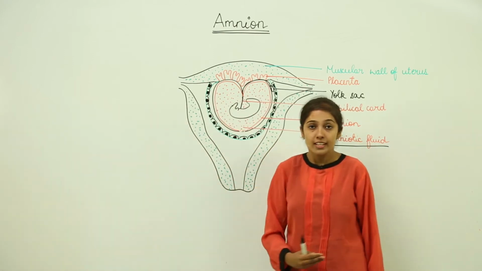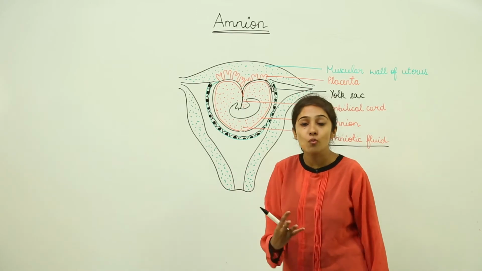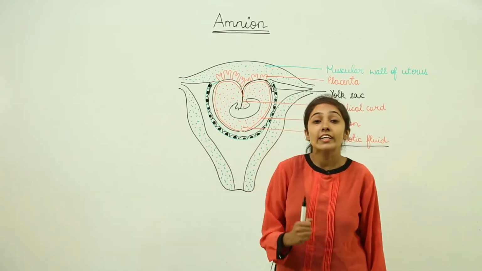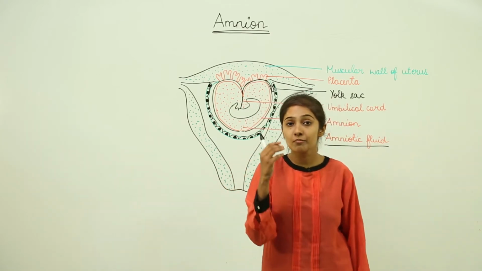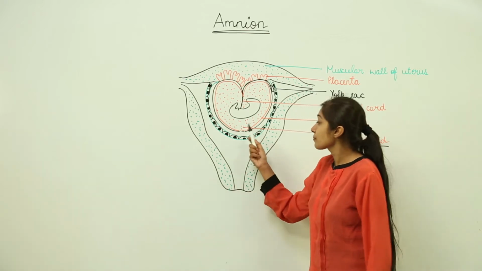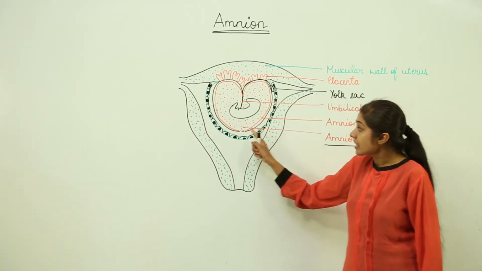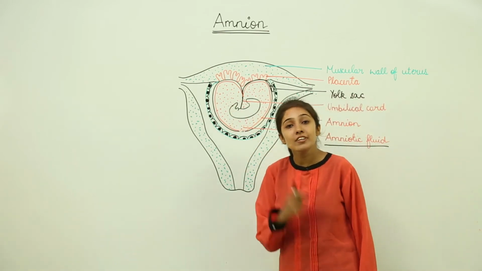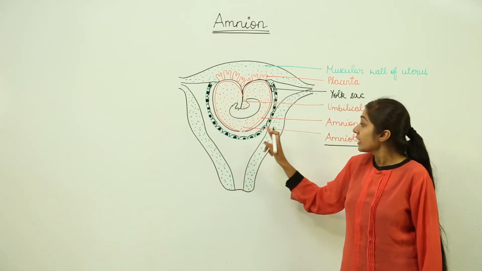For example, the fetus is in the mother's womb, and supposing the mother falls over, then this fluid helps the fetus to bear that physical, mechanical shock. So this fluid helps in that sense also. Thirdly, this amniotic fluid is also developing even pressure.